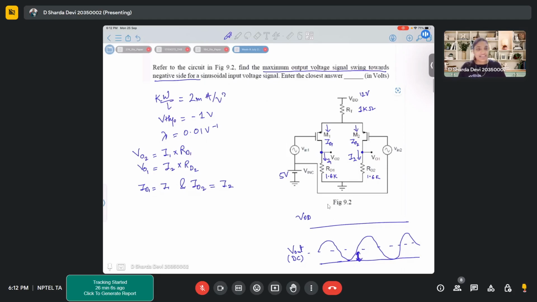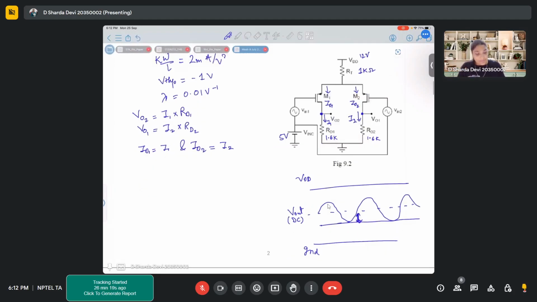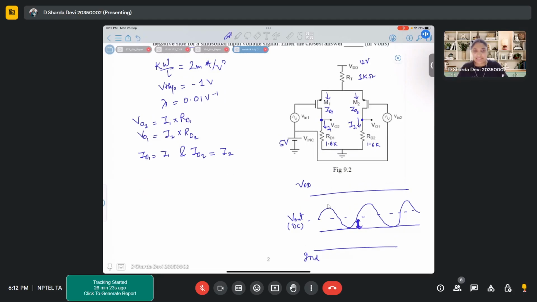If you don't respond, I'll consider you understand it. Else, if you have any doubts, please unmute yourself and ask, and I'll answer. So let's move on. The currents through the transistors are also flowing through the load resistors or drain resistors RD1 and RD2. If we find that current, we can find the voltages and hence the swing.